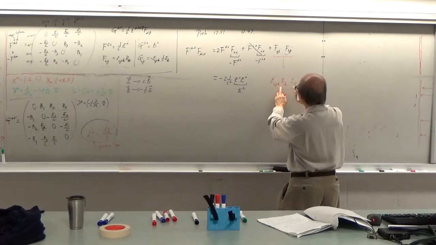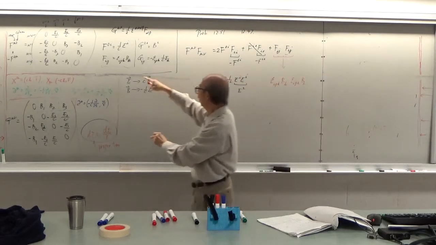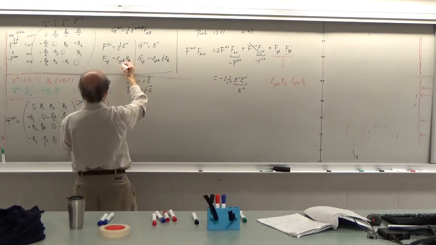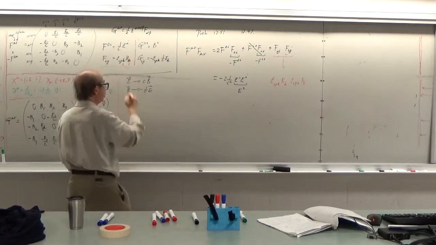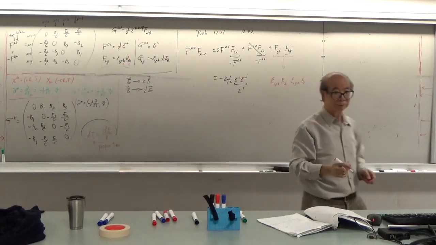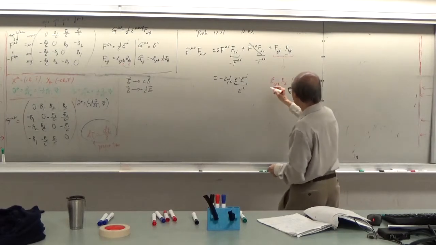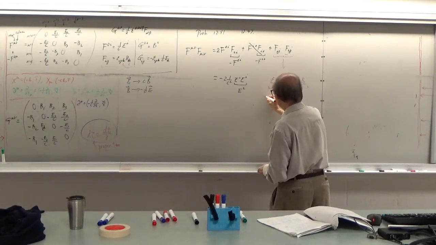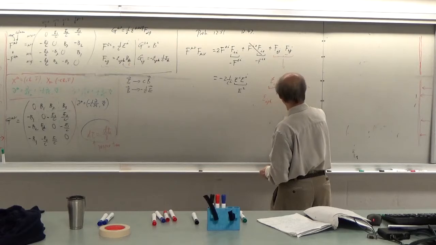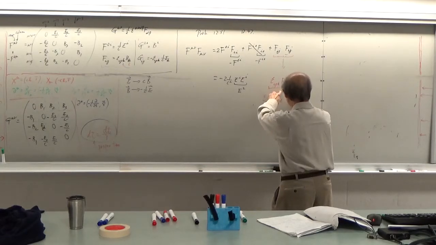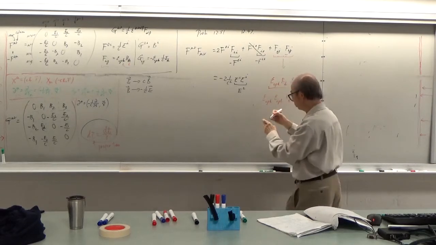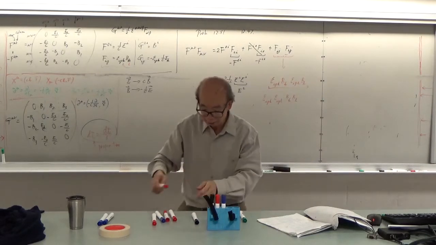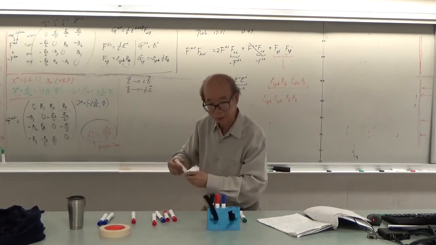I can no longer use k for this index, so let me use index l: B_l. I can change this ijk to be ijl. So this term will involve epsilon ijk, epsilon ijl, B_k, B_l. Let me go back and use black chalk.